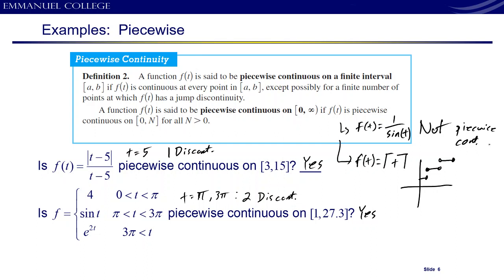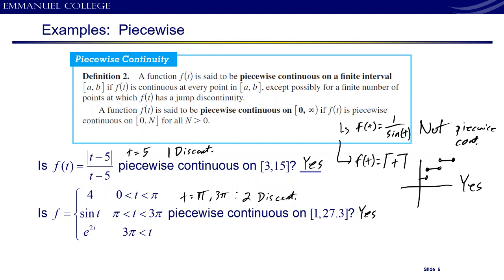That one's going to have a finite number of jump discontinuities on certain intervals. Even if your n is 18 million, there's only 17,999,999 jump discontinuities. It's still a finite number of them, so it meets the definition.